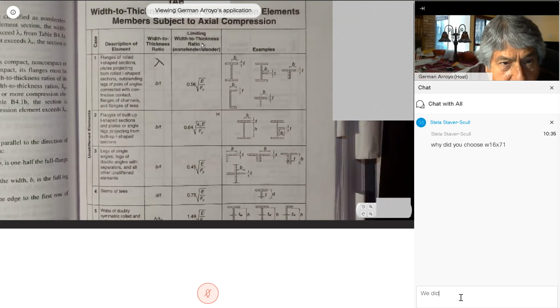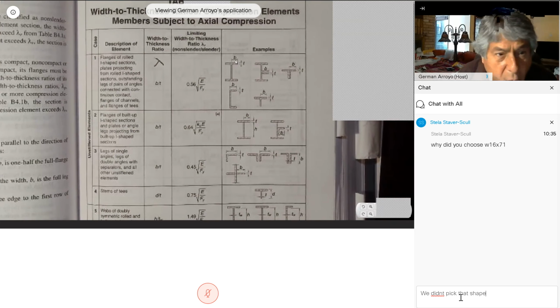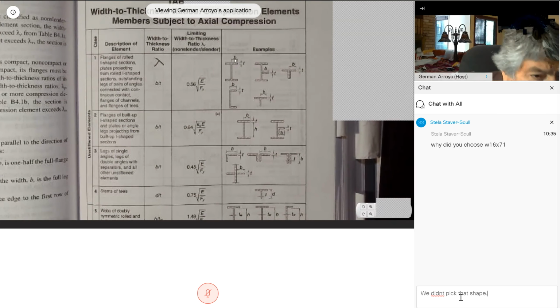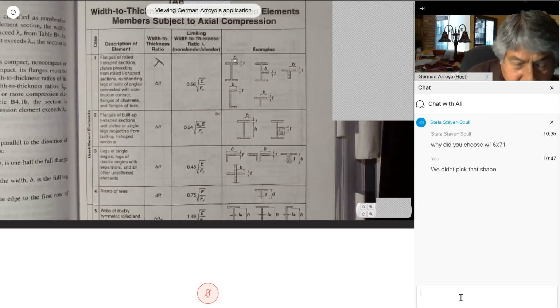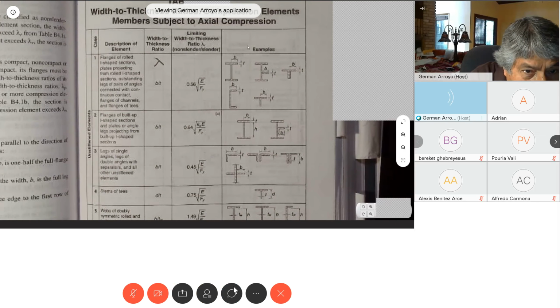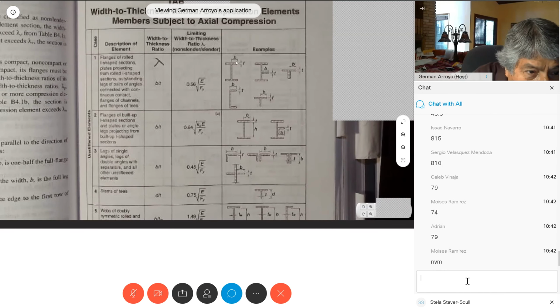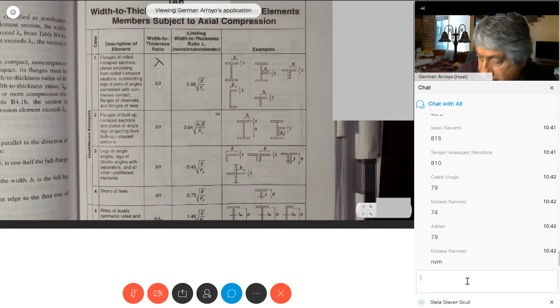Later we're going to be talking about lambda sub r. b over t has to be smaller than 0.56 root of E over Fy. But for a hot rolled I-shape, the flange is divided by 2. That's why for this case it's going to be b over 2 times the thickness of the flange. So for a flange, this b is shown in here, that's b over 2. b over 2 times the thickness of the flange is more than this number.